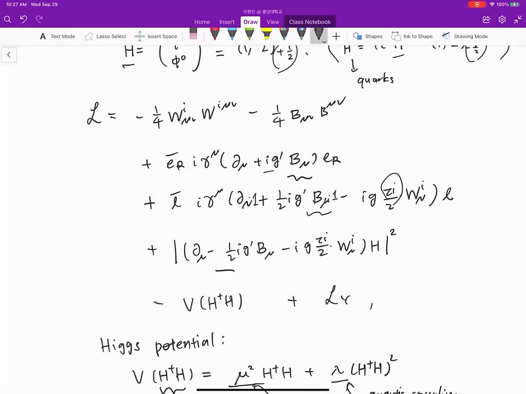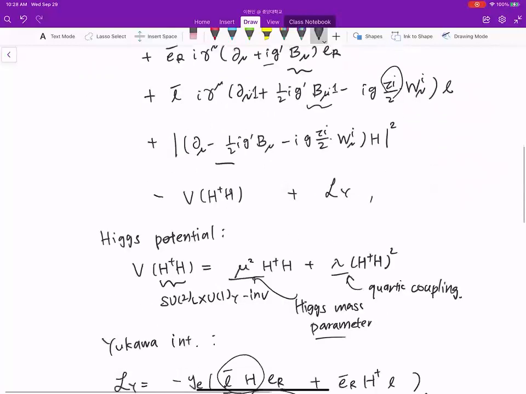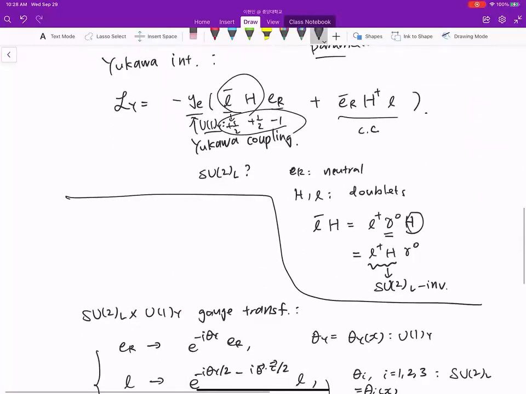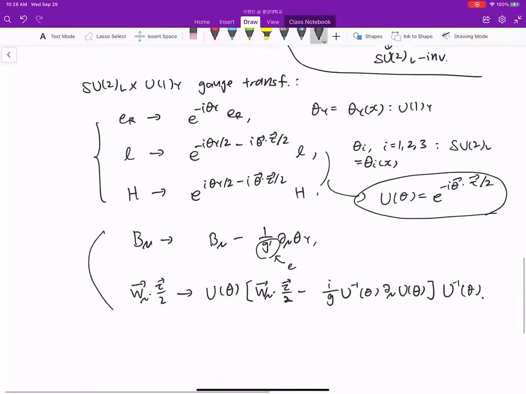It is a bit simplified, and I don't know what is missing, but it is written collectively for all fermions. Of course, this one is not complete because there is no gauge fixing Lagrangian. So we need to introduce a gauge fixing parameter. Then the Lagrangian is longer.